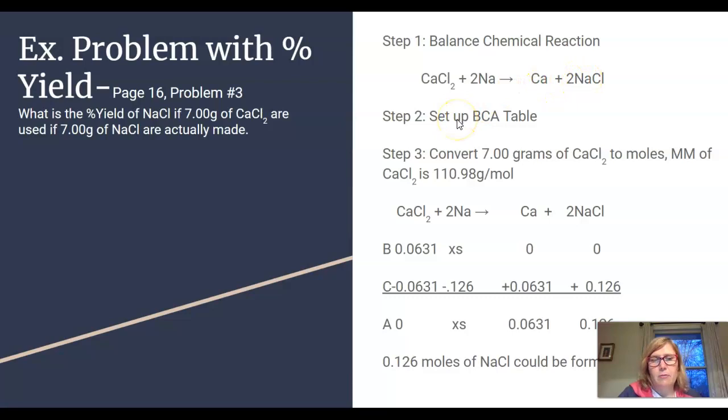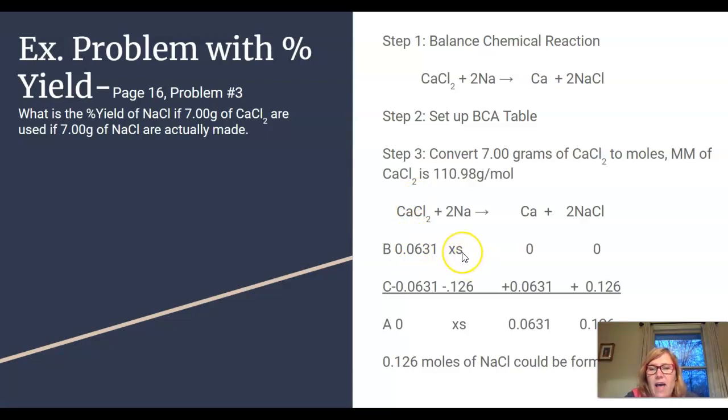Set up your BCA table, convert everything into moles. So you're going to take your 7 grams of calcium chloride, divide by the molar mass, which is 110.98, and you're going to come up with moles of calcium chloride. So that's 0.0631.